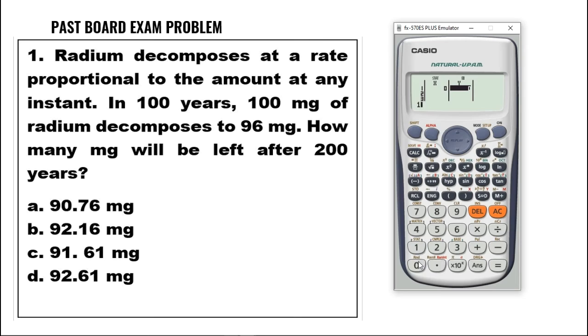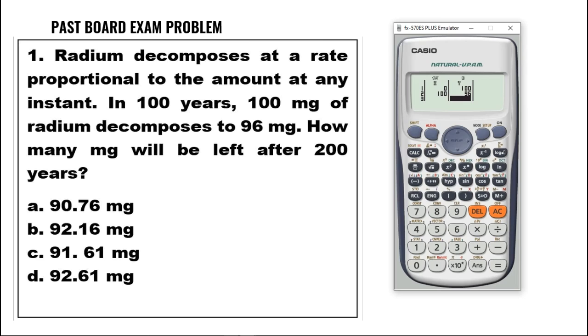So this is 100, equals. Now, in 100 years, radium decomposes to 96 milligrams. So, 96 milligrams is the remaining amount after 100 years. Recall, x here is the time and y is the amount of the substance.